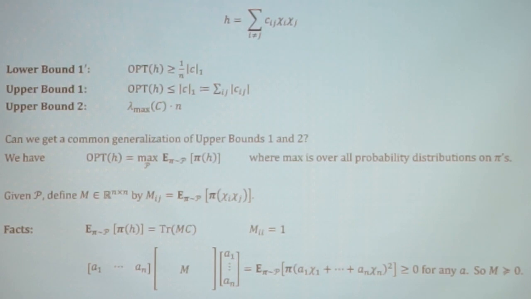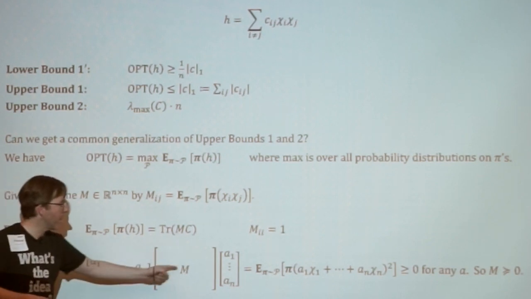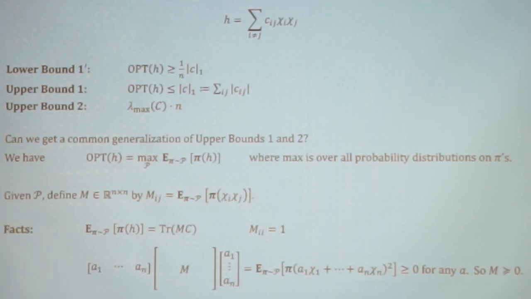And the square of a number is not negative, so this whole expression has to be non-negative. But then if you just forget that calculation, it tells you that for any vector A, A transpose M A is non-negative. That's the definition of M being a positive semi-definite matrix. So this matrix M has several properties here.